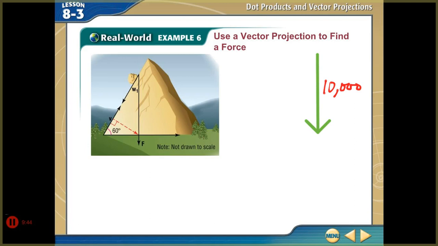So if this is my mountain, and my mountain slope is like that, I have the weight of my rock going down the hill, and I want to figure out how much of that is going into the hill and how much is going down.